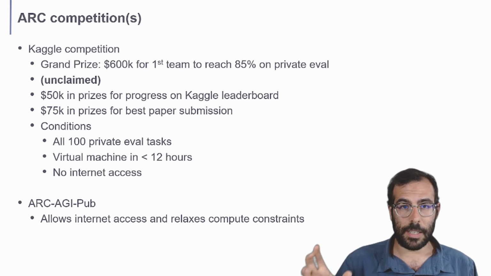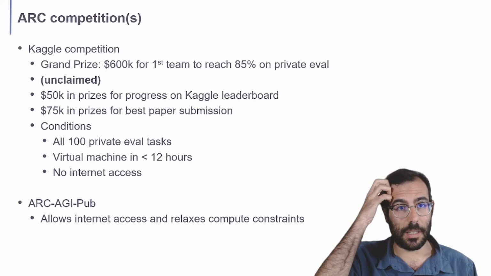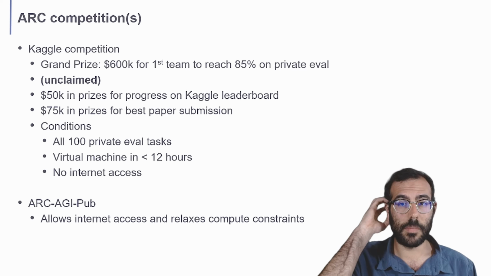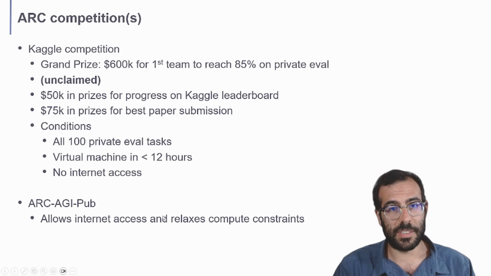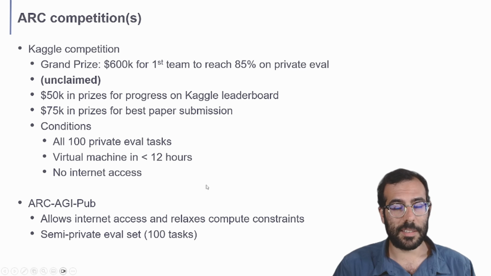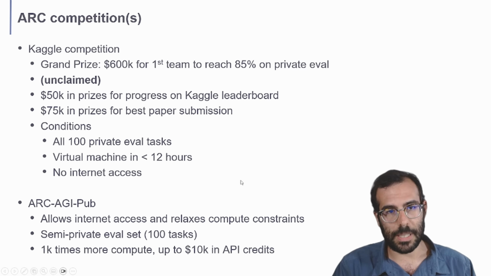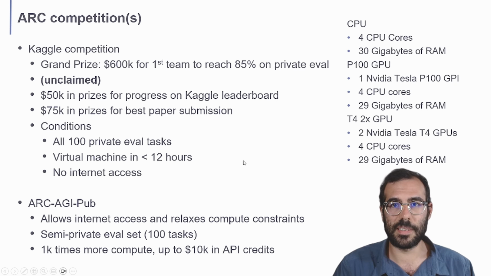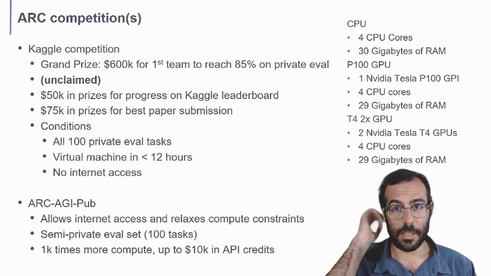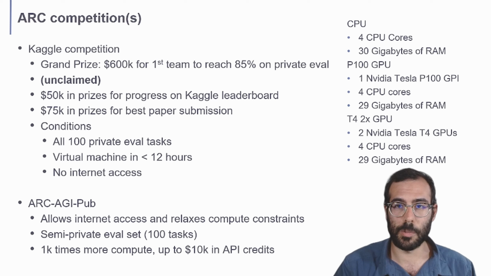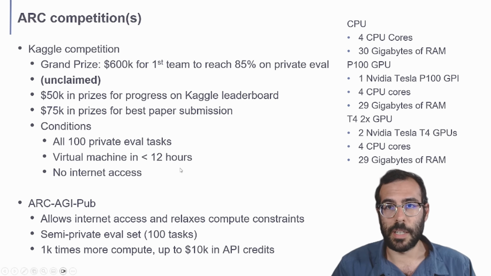Then you also have this semi-private competition, which allows internet access and has relaxed compute constraints. That's also 100 tasks. And you have 1,000 times more compute and up to $10,000 in API credits. This is the hardware that they've been using for the private competition, so for the actual ARC prize.